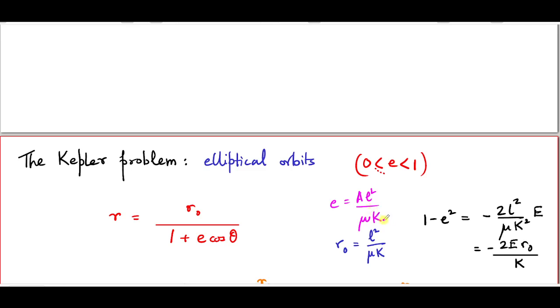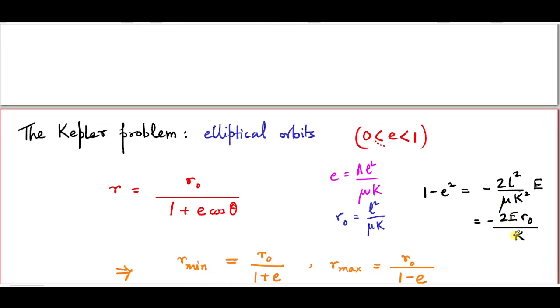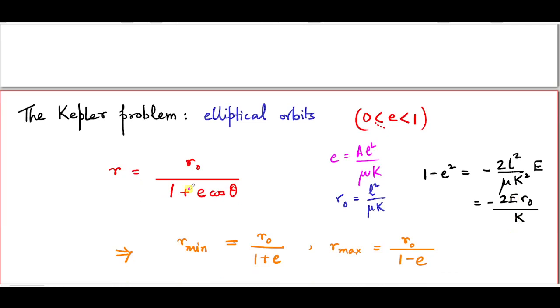This is the expression we have seen before, and we can easily recast this to eliminate the L square in favor of r0 to this particular form, minus twice E r0 over k. This is an expression which will be quite useful in what is to come. Now, from this formula, it's obvious that r will take its minimum value when theta is 0, that is, when cosine theta has its maximum value, that is 1.